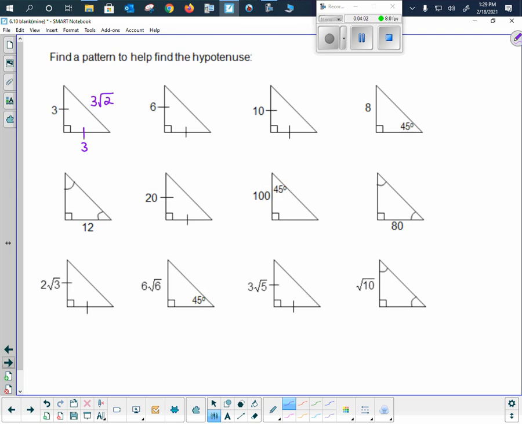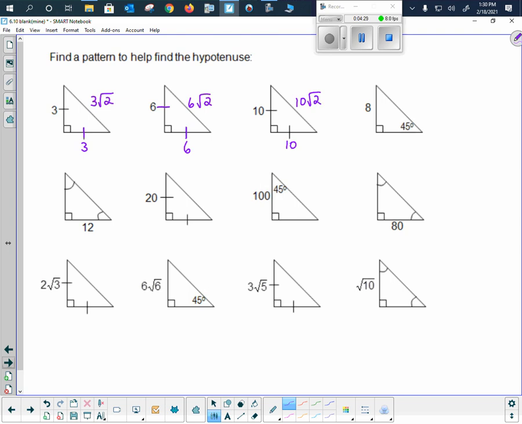All right, so what makes the next picture a 45, 45, 90, or is it? You should just be telling me these markings make it 45, 45, 90. So this length would be 6. This one would be 6 root 2. Next one, same thing. This would be 10 and 10 root 2 because of the equal legs.